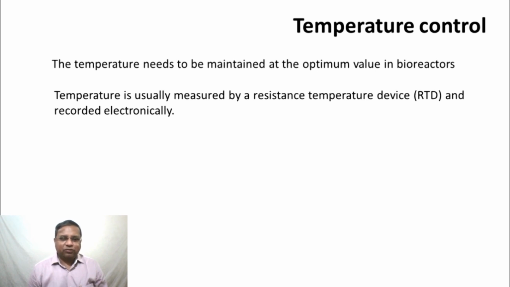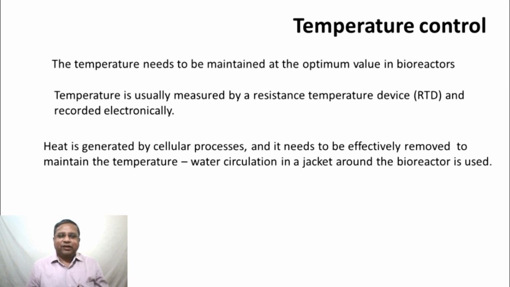Thermometer can be used for small scale, if for manual readout. But here you need to continuously work on the temperature control, and that is typically done electronically through a control loop and so on. For that, the manual intervention would be difficult, and in such cases, the measurement is done by a resistance temperature device, an RTD device.